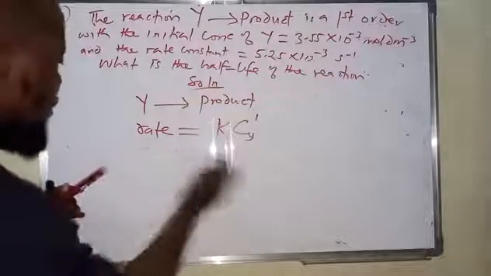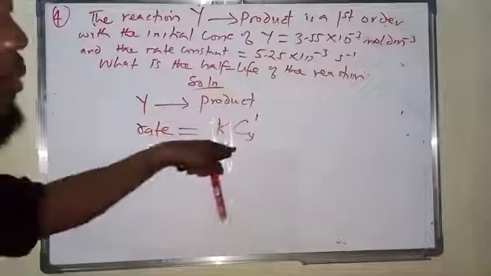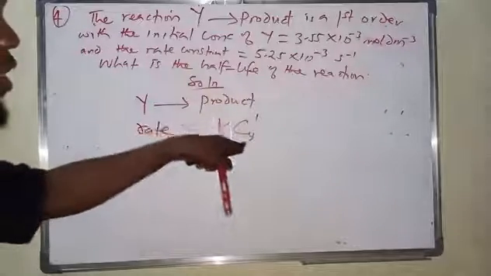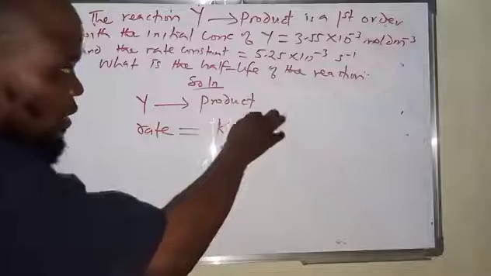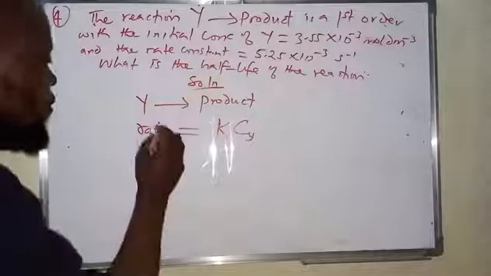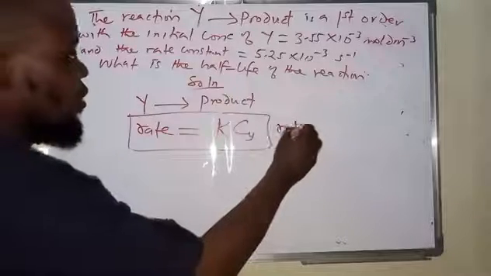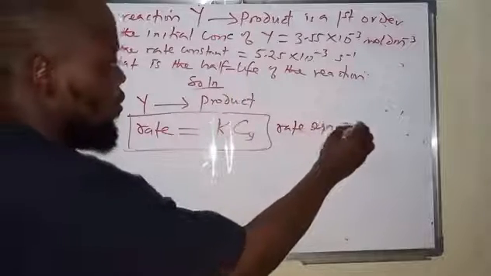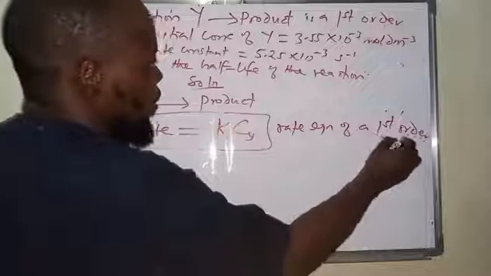So for a first order reaction, the rate equation is the rate constant multiplied by the concentration raised to the power 1, and the 1 can be eliminated. This is the rate equation of a first order reaction.